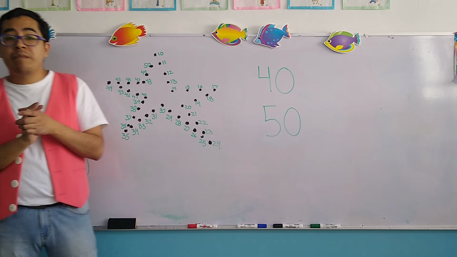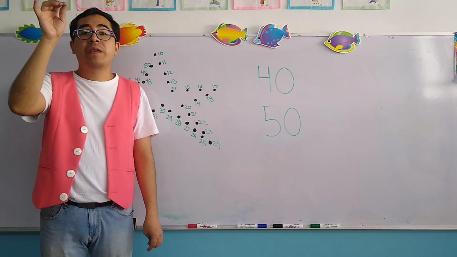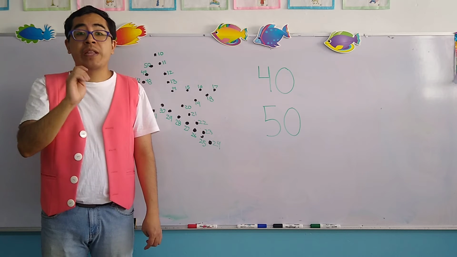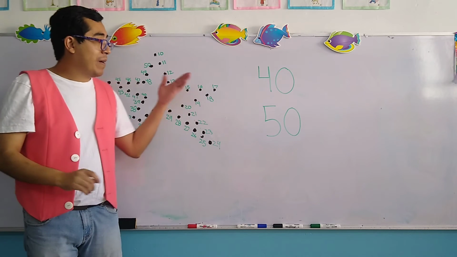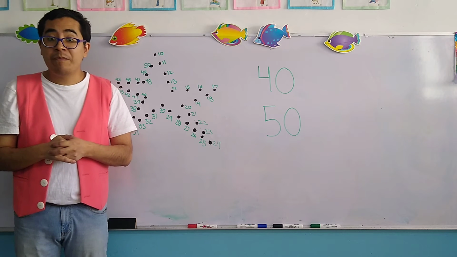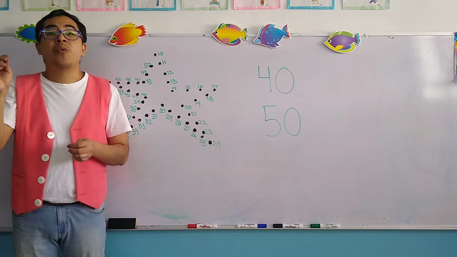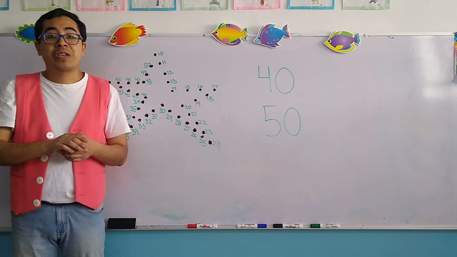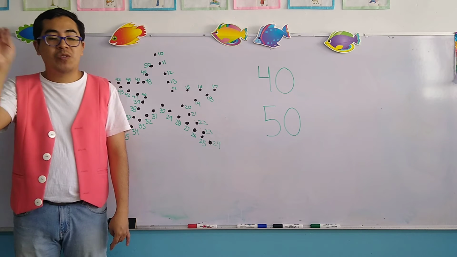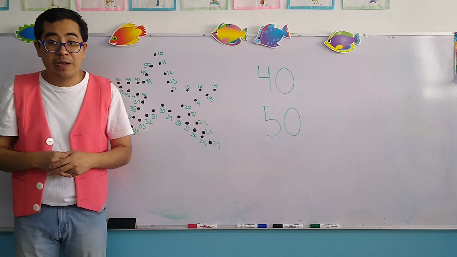But here the important part is that we have to follow each one of the dots because they are marked with a number, okay? Ahora, la actividad aquí, la parte importante es que cada uno de los puntitos tienen un número. Ahora tenemos que seguir la serie numérica correctamente. No nos podemos saltar de un punto a otro. We have to follow it properly, okay?